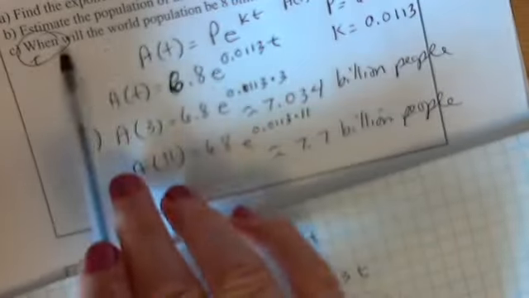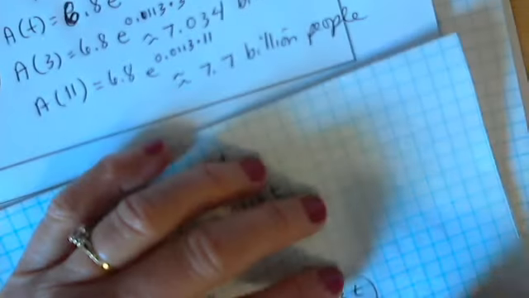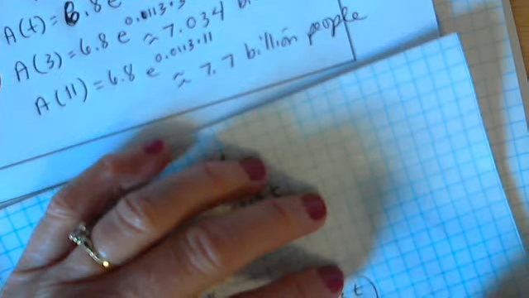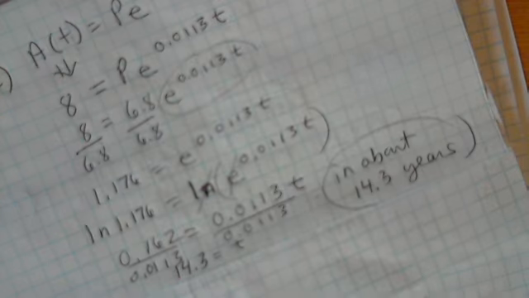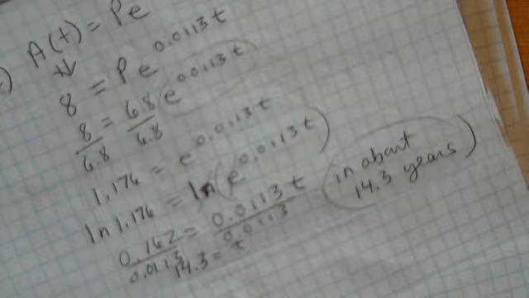Remember what the question was. I always go back to the question. When will the world population be about 8 billion? In about 14.3 years. And there's my answer. Always make a conclusion to your answer. Go back, read the question again, and make sure you have an answer that makes sense.